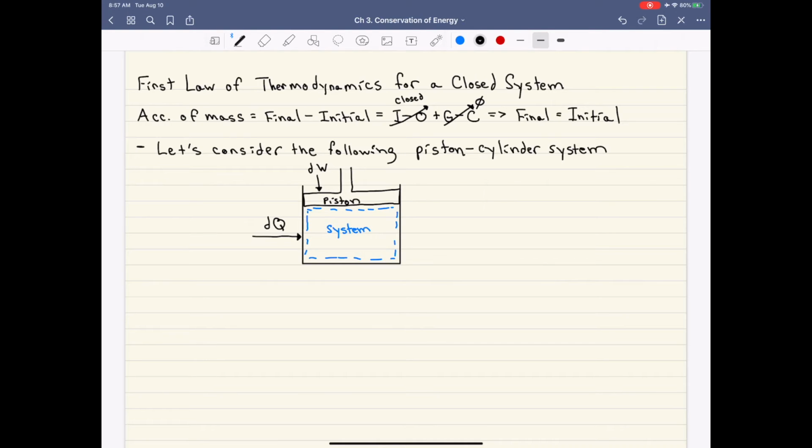We know from the first law of thermodynamics that energy needs to be conserved in the universe, but within the specific system itself, the amount of energy in that system can change. And so mathematically, for a closed system, we can describe or apply the first law of thermodynamics like this.